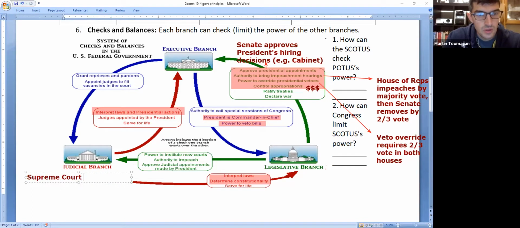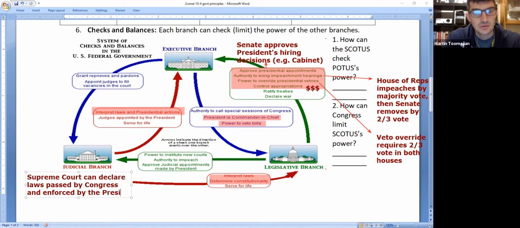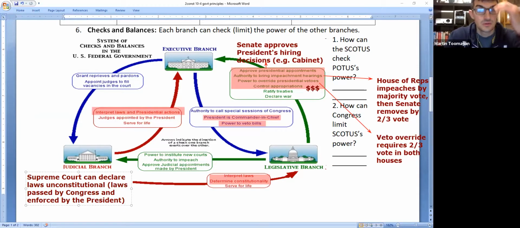Supreme Court can declare laws passed by Congress and enforced by the president to be unconstitutional. Okay, that's the big thing that the Supreme Court can do.